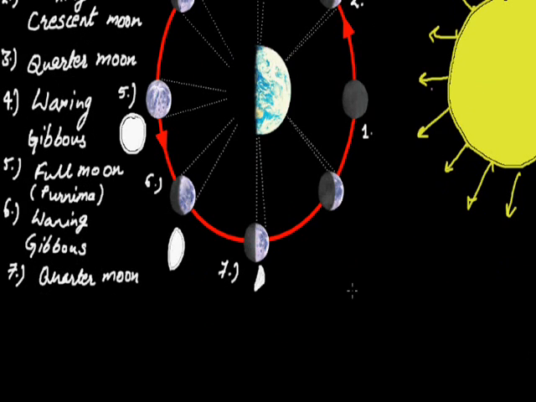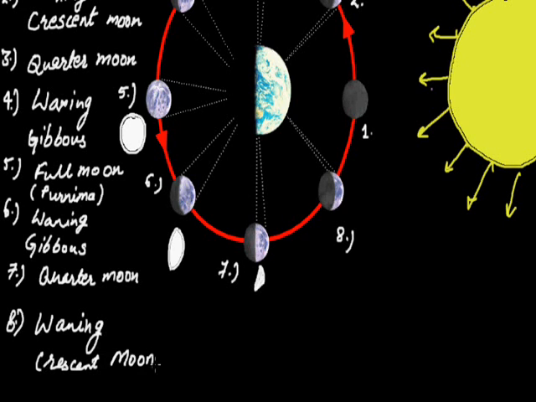Now we have the 8th position. Here the moon is known as the waning crescent moon. Between these 1 to 8 positions there are several phases of moon, but these are the named ones, and through this the cycle of the moon's phases can be understood.